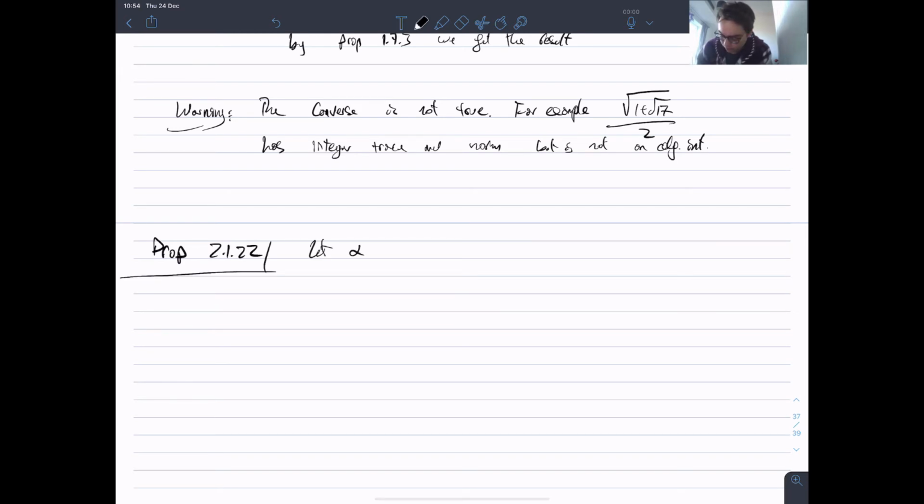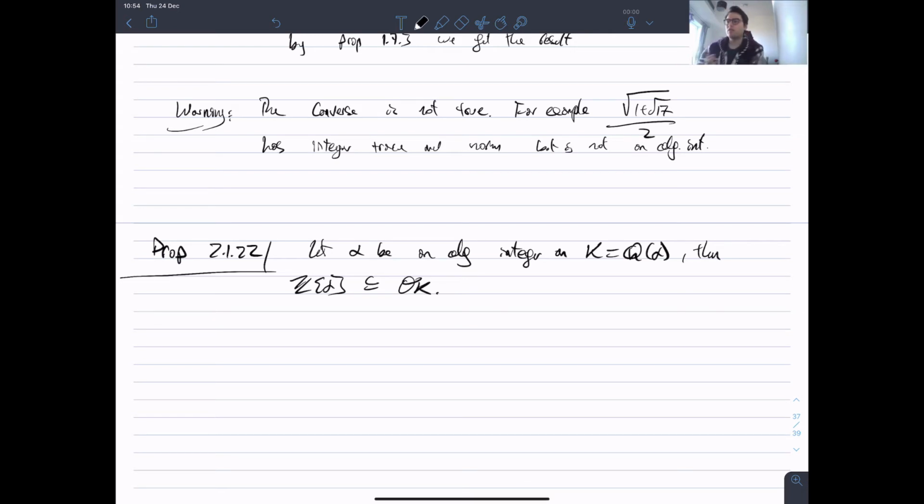Let alpha be an algebraic integer, and let K be Q(alpha). Then Z[alpha] is contained inside O_K. So it could be the same whole thing, but it might not be.